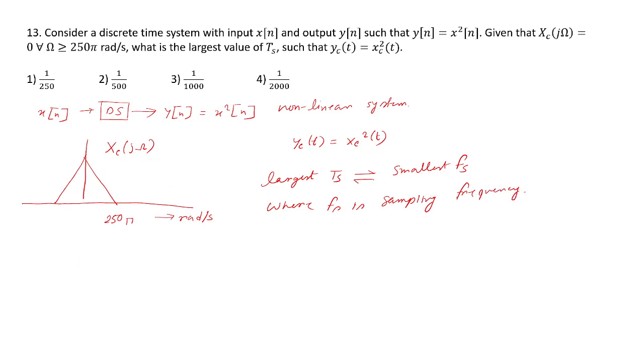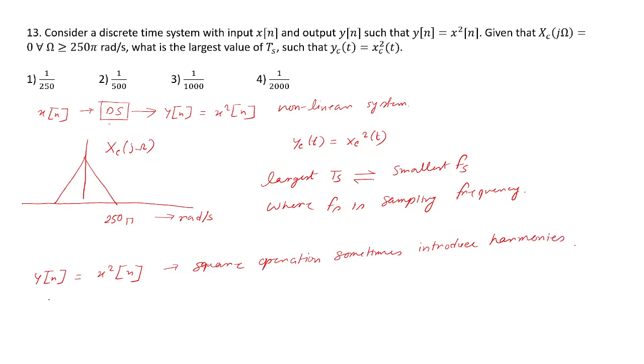Now when you square a system like this, a discrete time system which is a nonlinear system whose input output relation is given as this x square n, this square operation sometimes introduces harmonics.